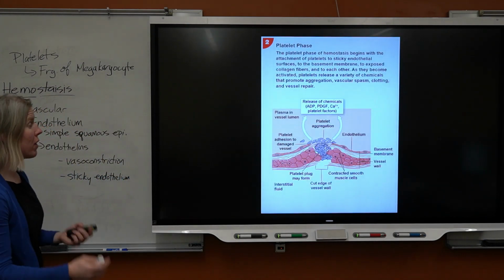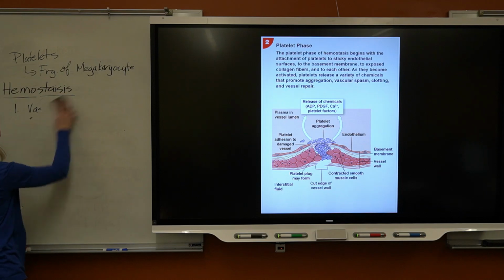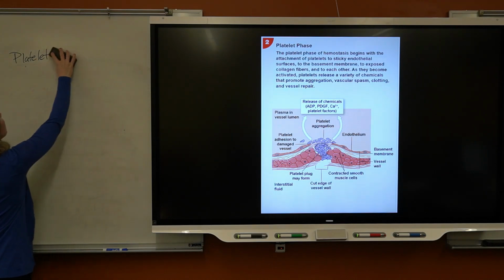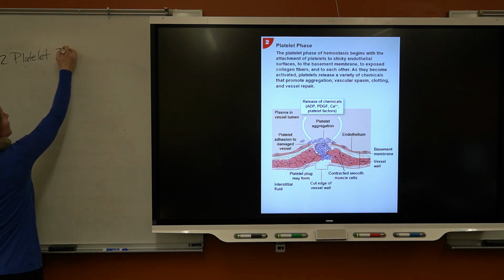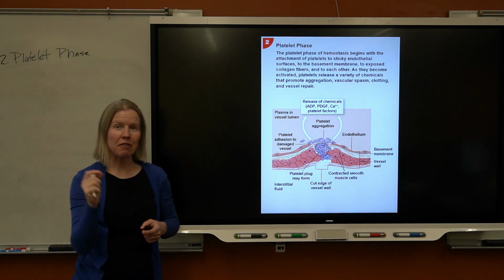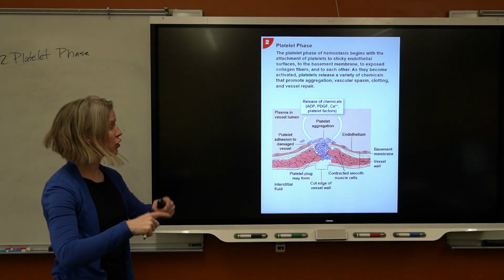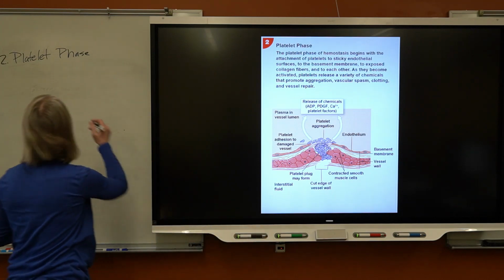This is followed by the platelet phase. Right? So we're still continuing in hemostasis. I'm just out of room for number 2. Look at that. Platelet phase. So in the platelet phase, platelets start sticking to the sticky endothelium.